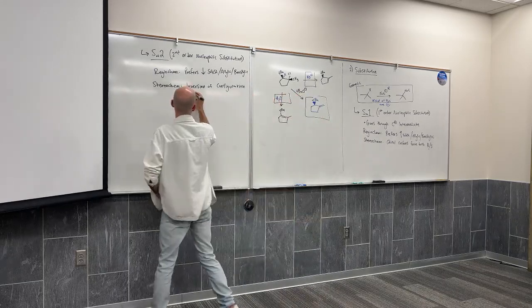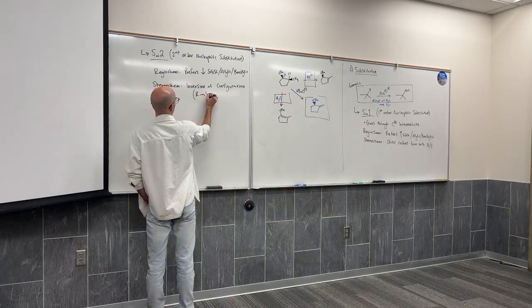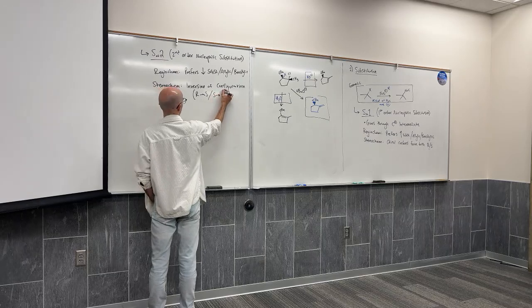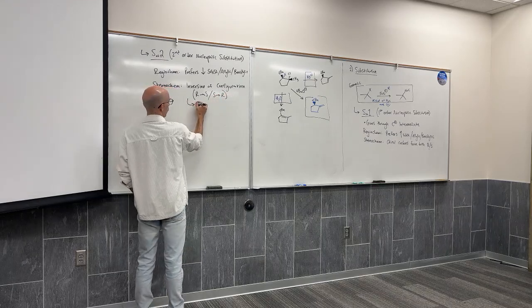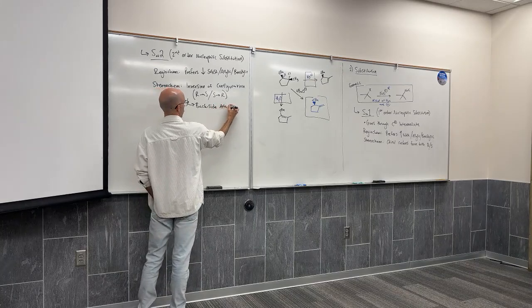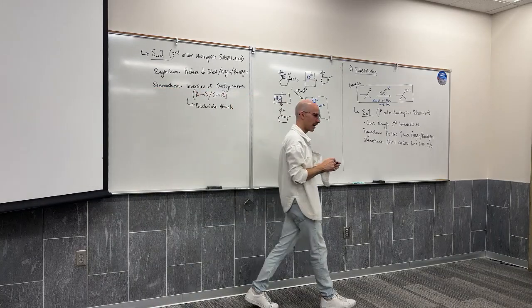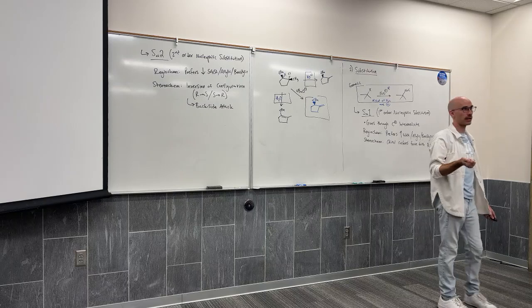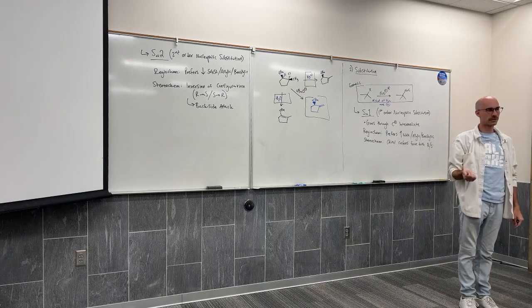So inversion of configuration, R to S or S to R, is often referred to as a backside attack. It's actually a phenomenon we've seen already in the halogenation reactions.